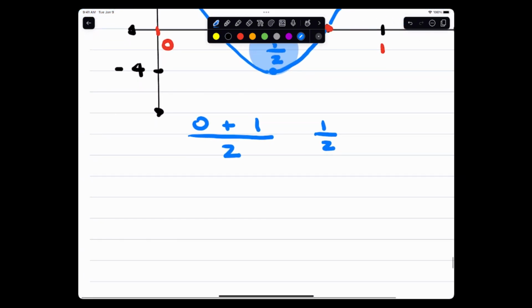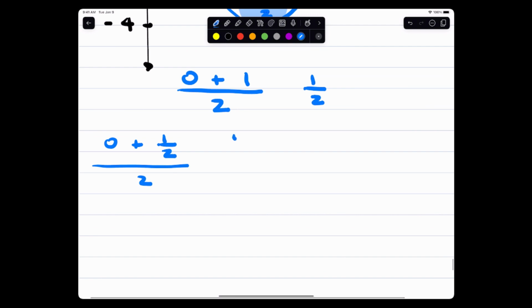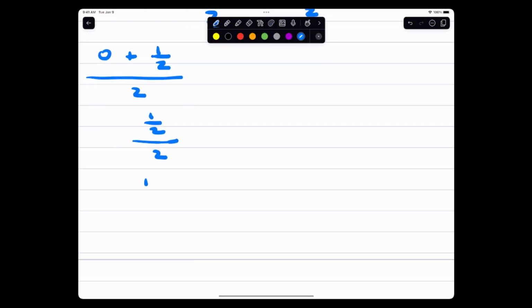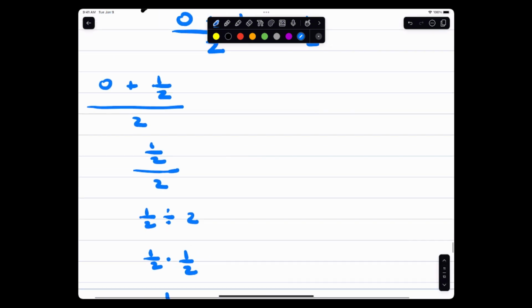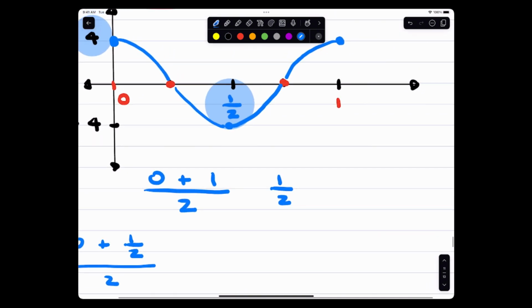You say 0 plus 1/2 divided by 2. 0 plus 1/2 is 1/2 divided by 2, which is 1/2 times 1/2, which will be 1 fourth. So this value is going to be 1/4.